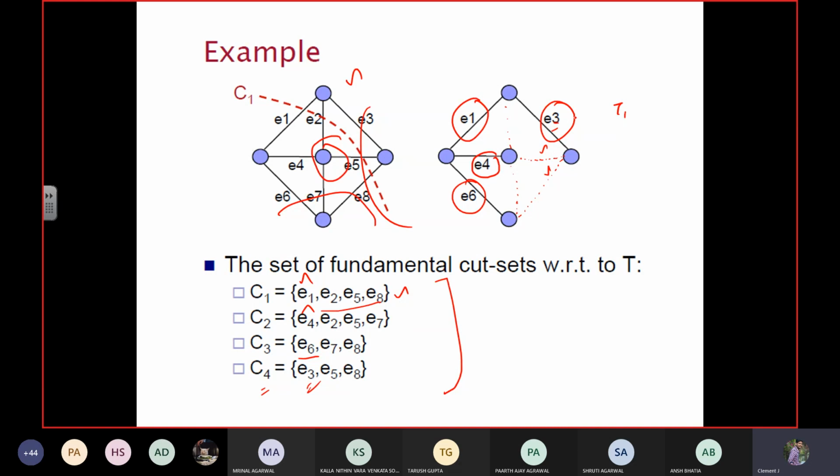By removing E3 and then E5, E8, only then will it be divided into two connected components. So by keeping one branch, you need to check what other chords of the spanning tree will be added into the cut set.